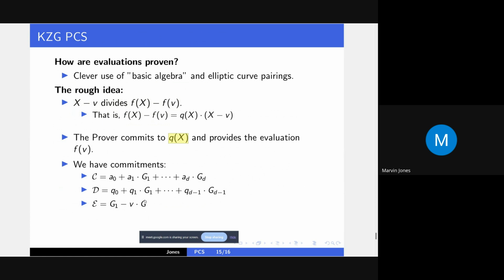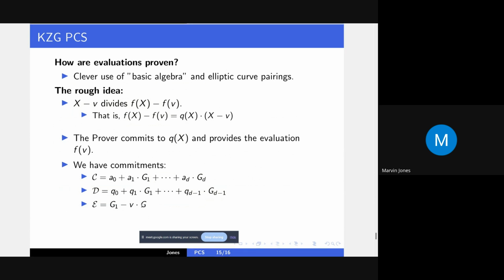But once you have that, we essentially have these commitments. We have our commitment for f. We have our commitment for q. And if you're wondering why it's d minus 1, it's because the exponents will add. So if this is d minus 1, this is just 1. When you add d minus 1 to 1, you get d, which we need to get because the degree of f is d.